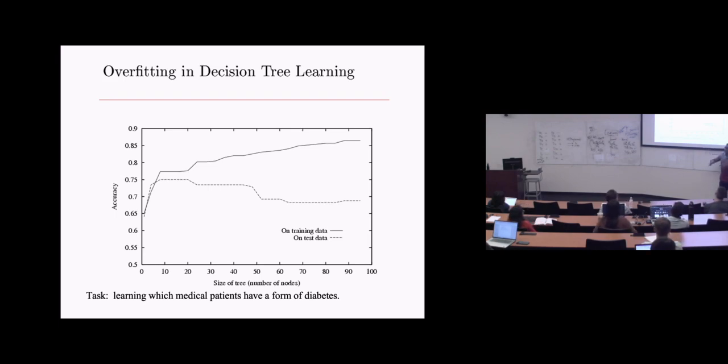As you make your tree more and more complex, what is supposed to happen? It is supposed to overfit, right? And can we see that from the data? Do you see that? Increase or decrease? On test data. That's a good question, right?